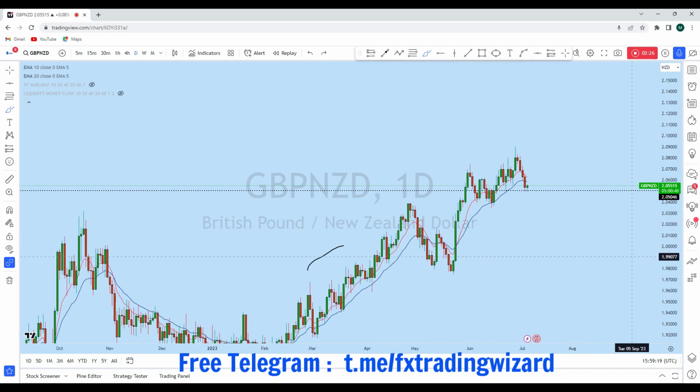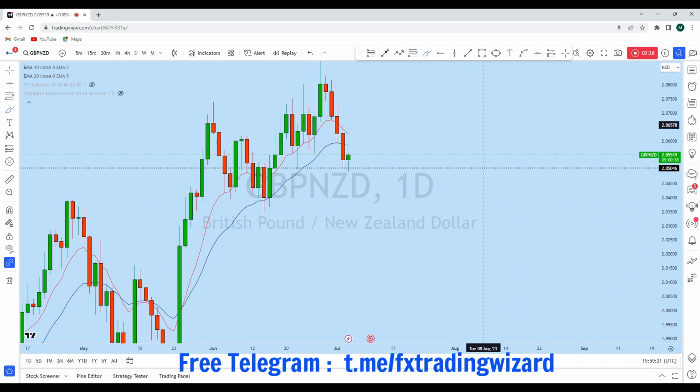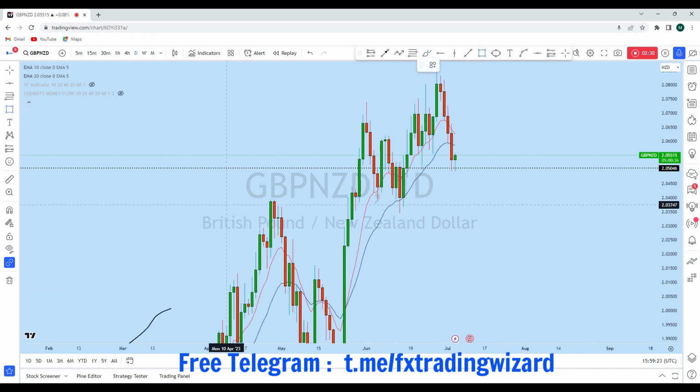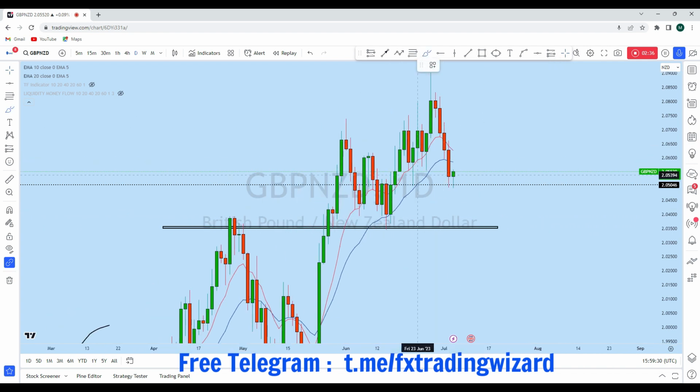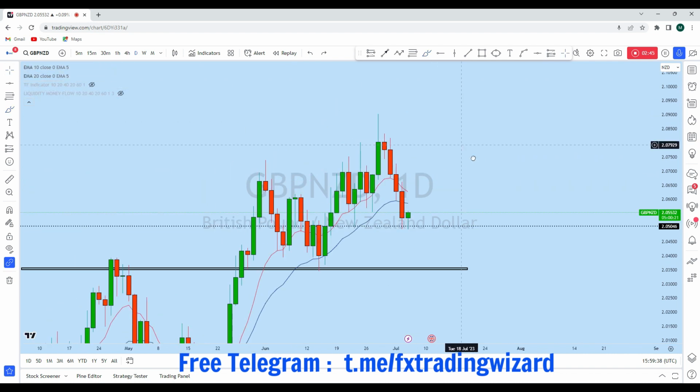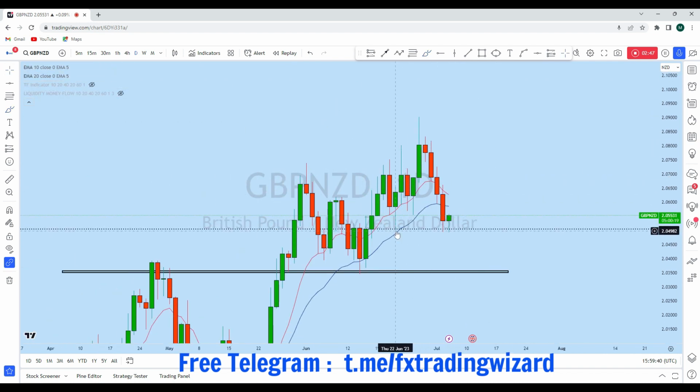With that consolidation pattern, we saw that GBPNZD broke this significant support level below this doji, penetrated this long wick candle, and from that zone we saw GBPNZD again rejected towards the downside. With that rejection, we see GBPNZD currently after a pullback to this previous resistance turned support created another move.